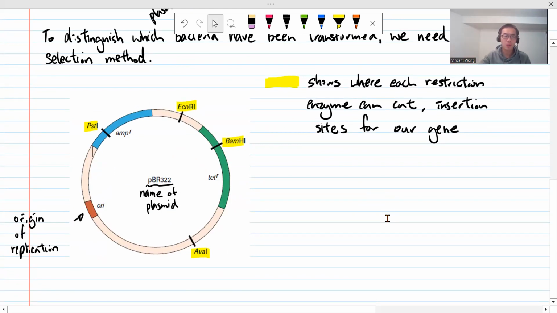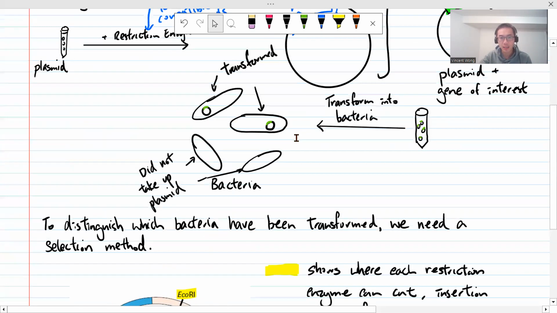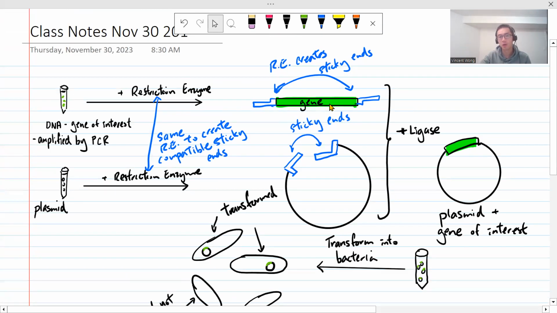So why would you be choosing EcoRI over PstI, for example? Well, when you treat the gene that we have with the restriction enzyme, we have to make sure that it doesn't cut within our gene. Sometimes, because we don't control the nucleotides of the gene, the ACTGs of the gene, it is what it is. We cannot alter that.